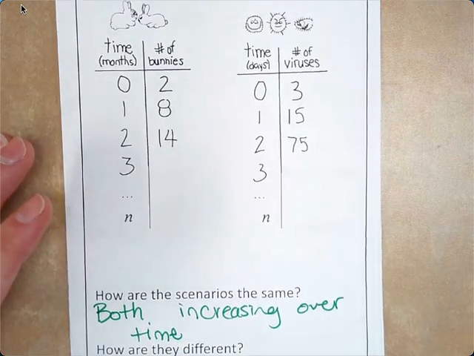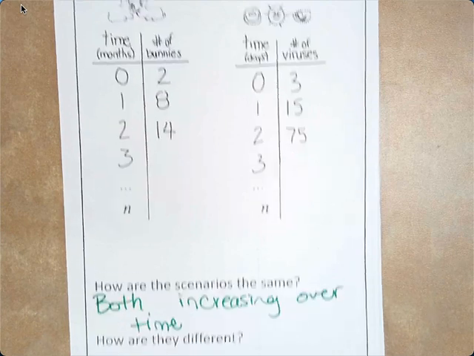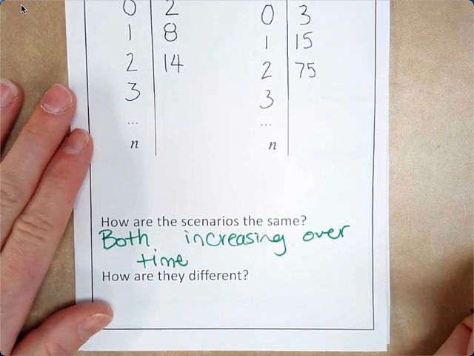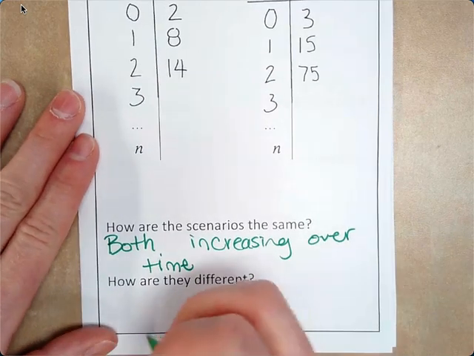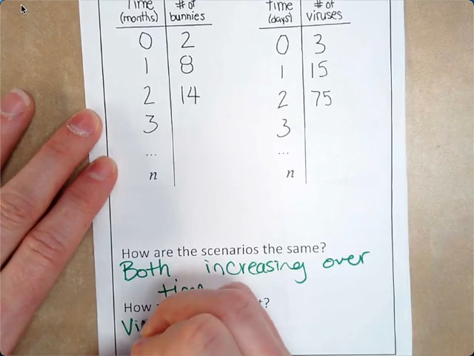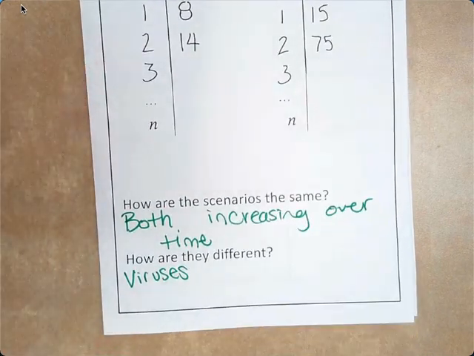Pull up your mask. Okay, and then how are they different? One aren't together. Okay. So which one? The viruses. The viruses increase faster? Yes. Okay.